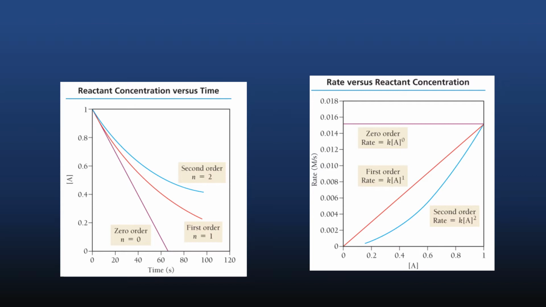And then if you look at the rate versus reactant concentration, for a zero order, the rate never changes. For a first order, it's linear. And for a second order, it is an exponential growth.